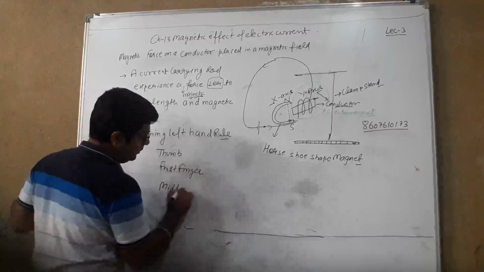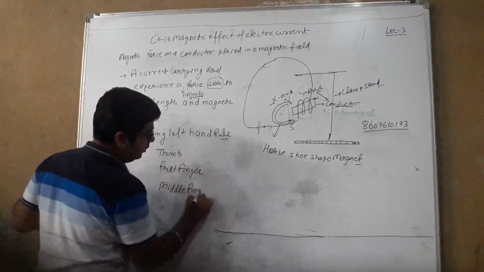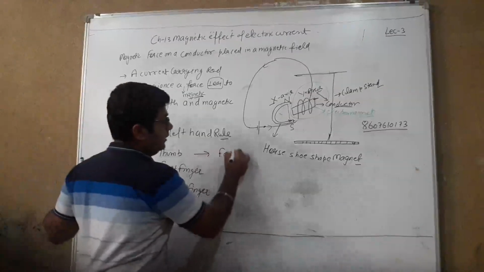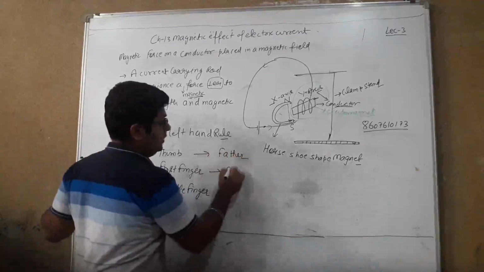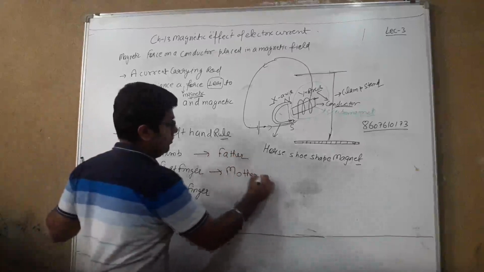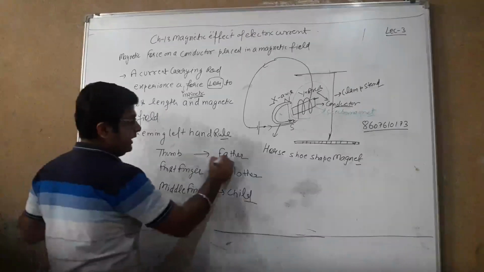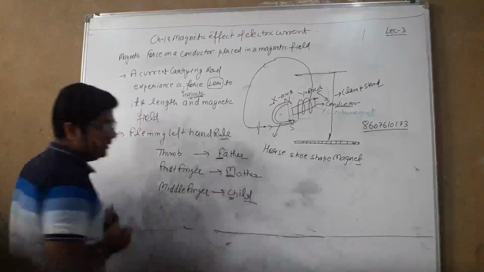Thumb, father; first finger, mother; and middle finger, child. So we can take F, M and C.